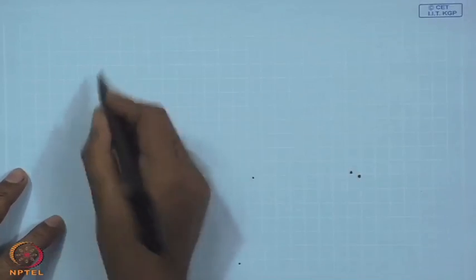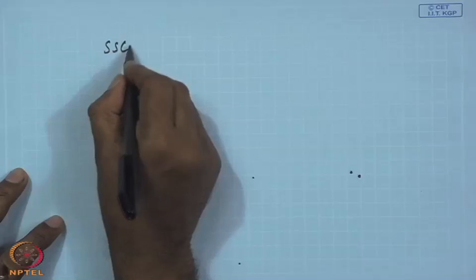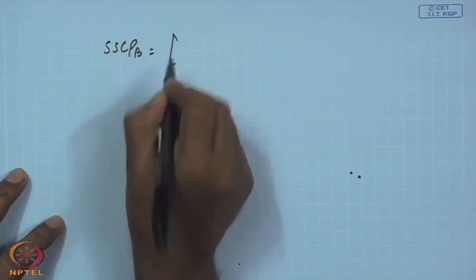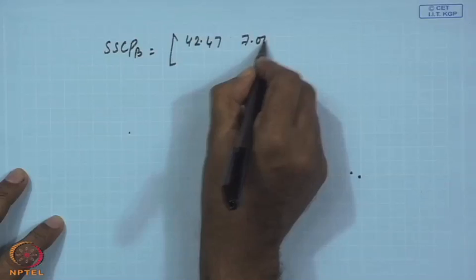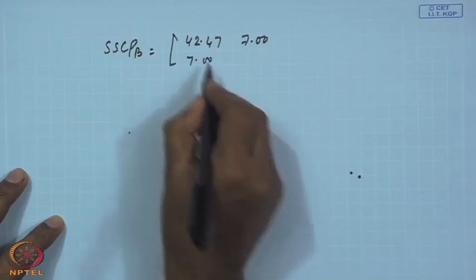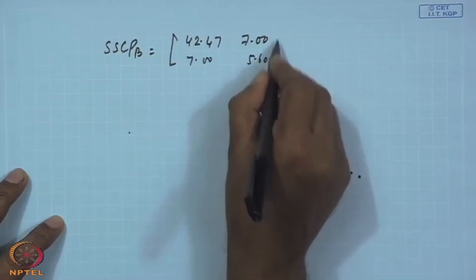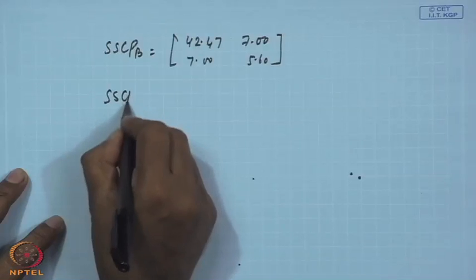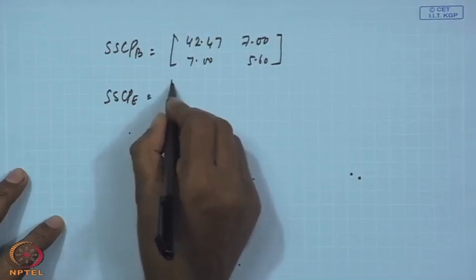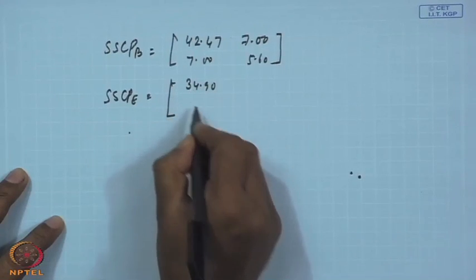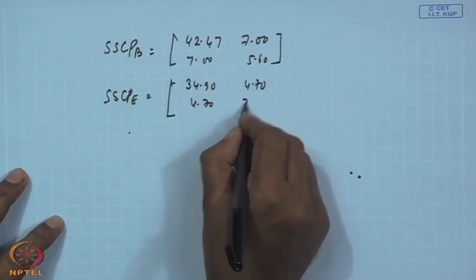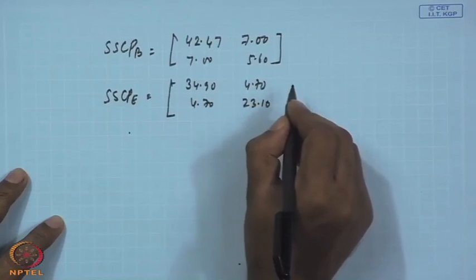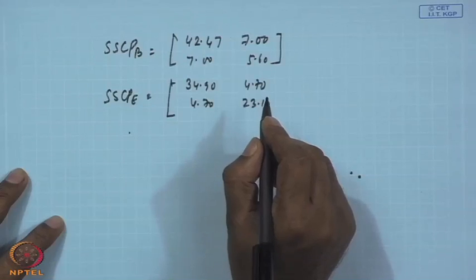So, what do we have now? We have the SSCP B matrix, which is 42.47, 7.00, 7.00, 5.60. You have the SSCP error matrix, which is 34.90, 4.70, 4.70, 23.10.